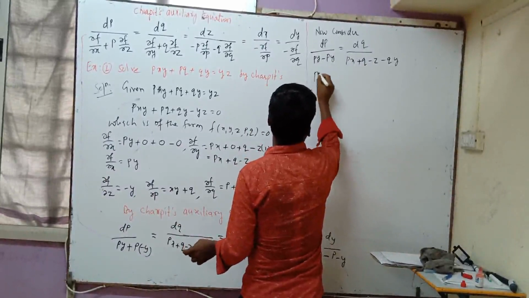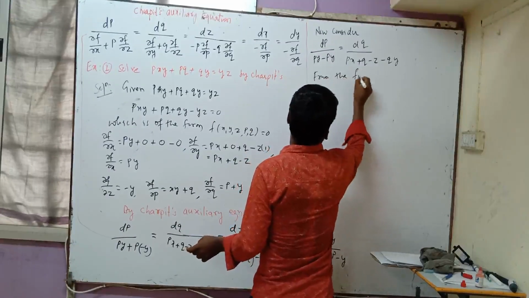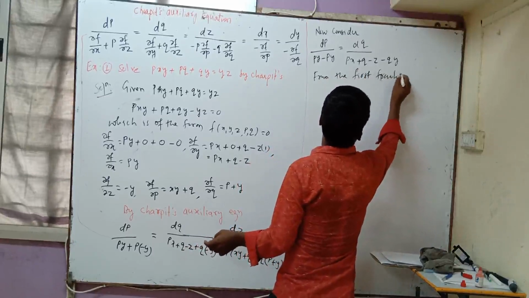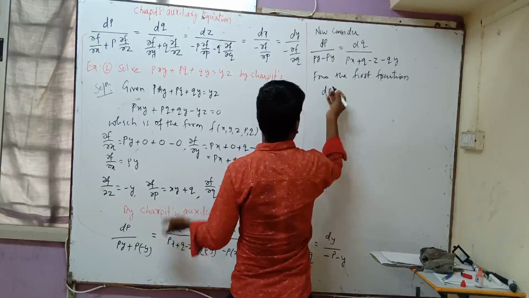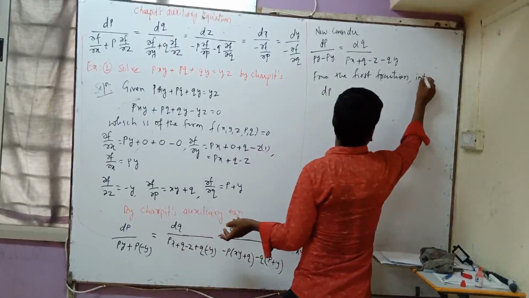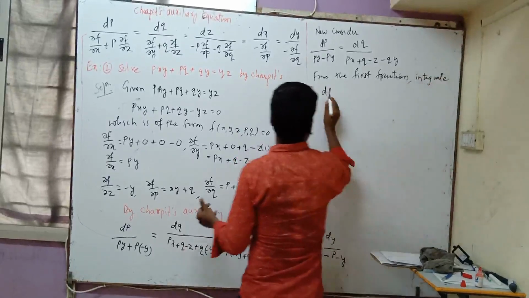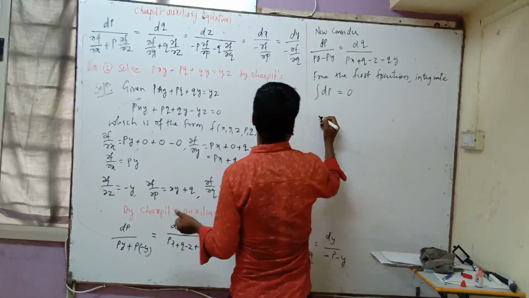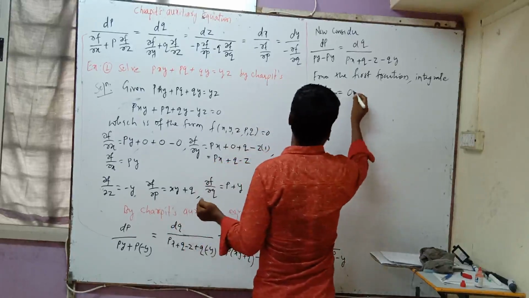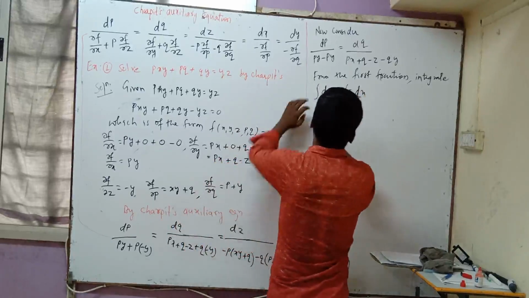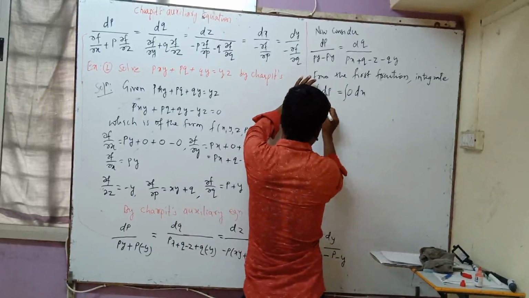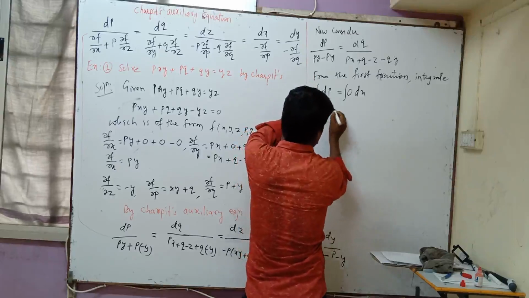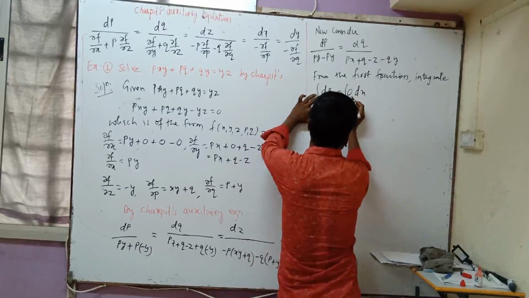So from the first fraction, integrating dp gives p, equal to the integration of 0, where 0 is a constant.